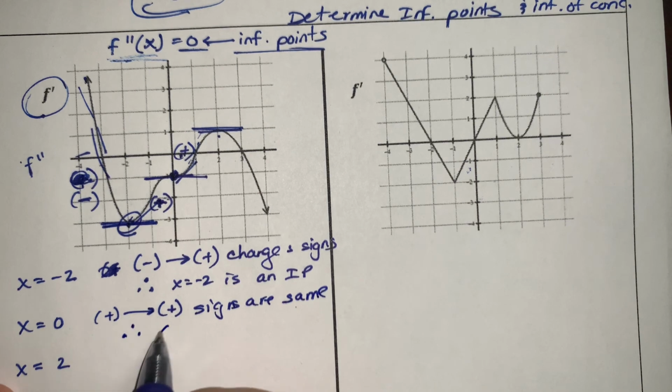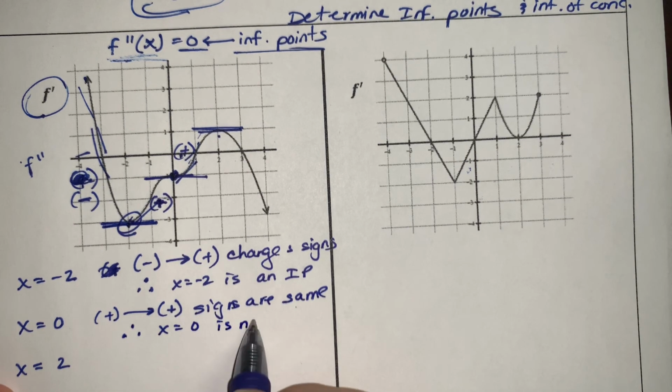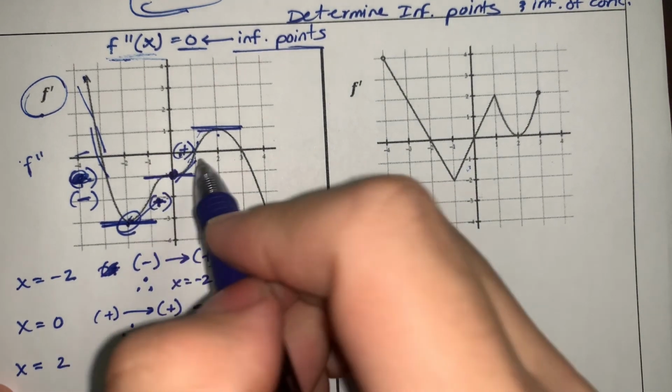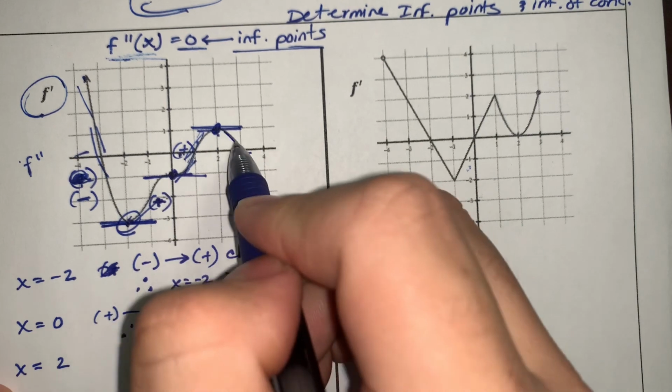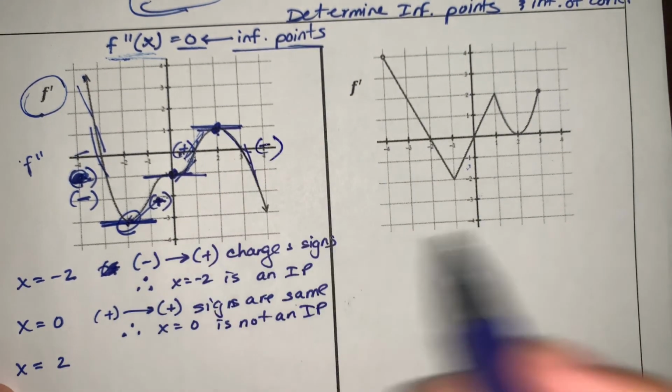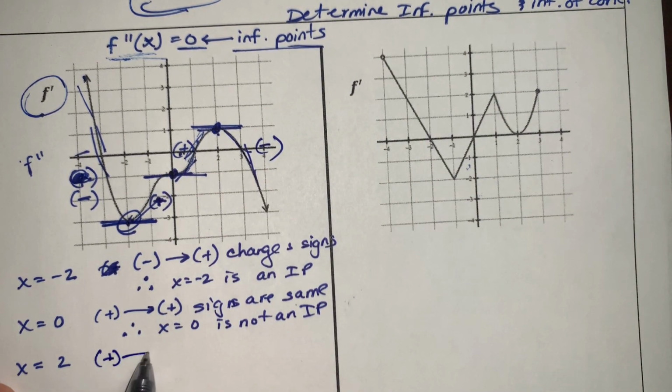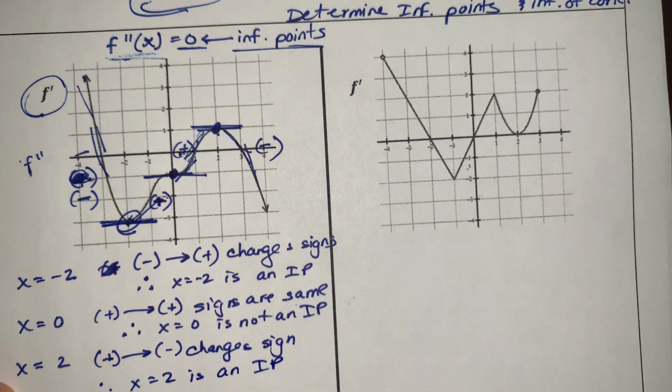Therefore, x equals 0 is not an inflection point. But in this case, we have positive slopes on the left side and negative slopes on the right side. So if it changed from positive to negative, then this changes sign. Therefore, x equals 2 is an inflection point.